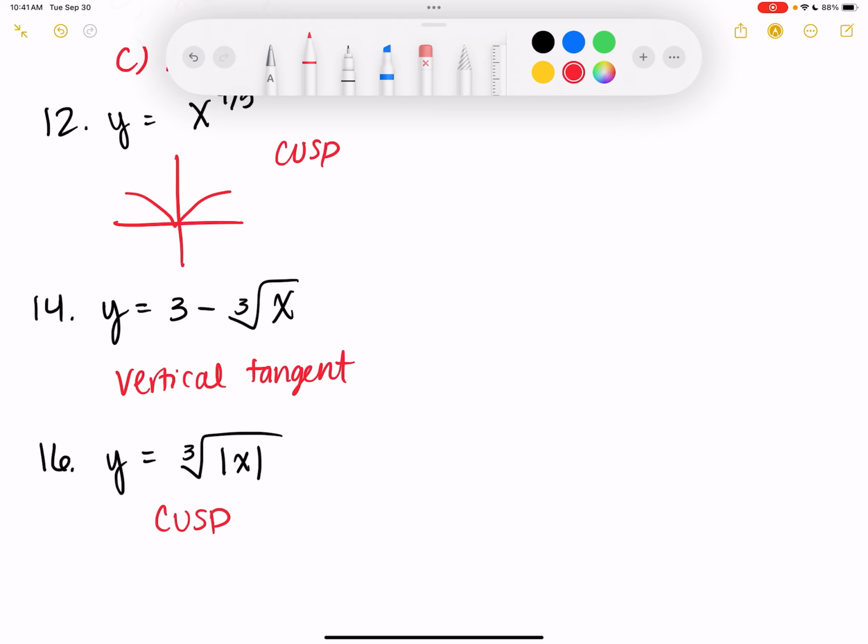Almost anytime you have a piecewise function, it's just going to be a discontinuity. Because, again, if you take the derivative of both pieces, you'll see it. Now, the one that's in here, like number 11, you aren't going to be able to necessarily see this.